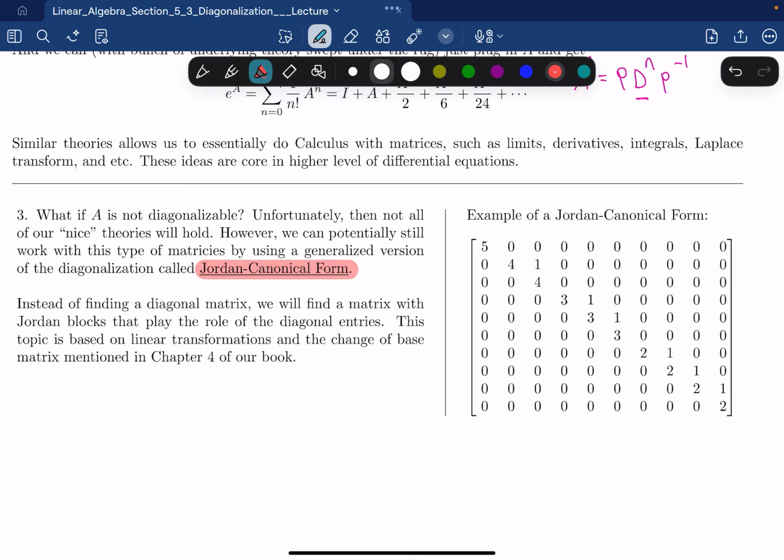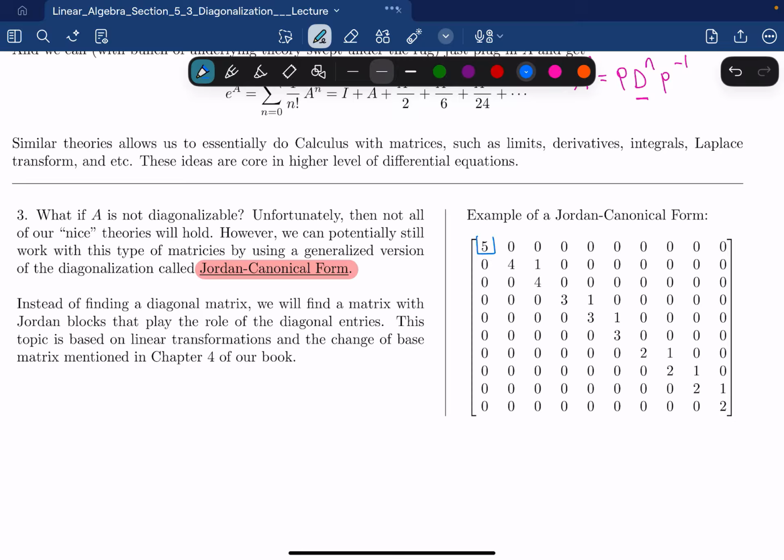The way this works is that instead of having each eigenvalue on the main diagonal entry, we're going to write each of these eigenvalues into what we call Jordan blocks. So they still feel like a diagonal entry, but then your matrix is much bigger, as you can see in the example on the right.